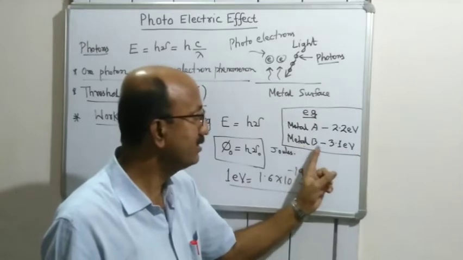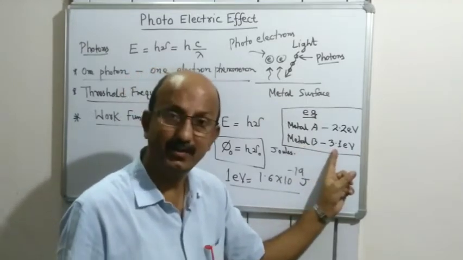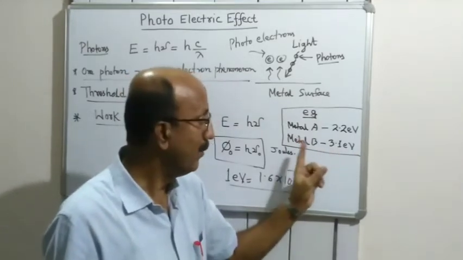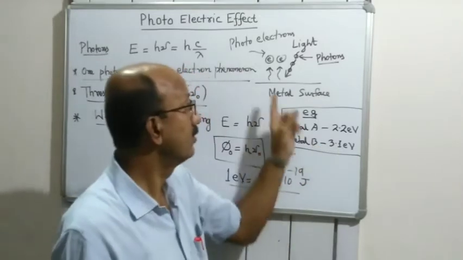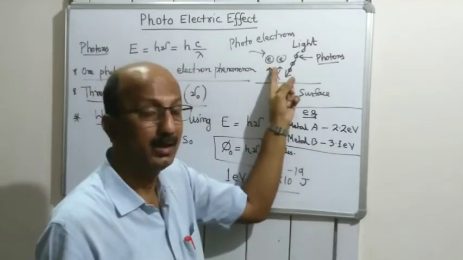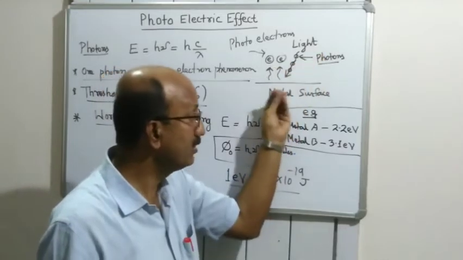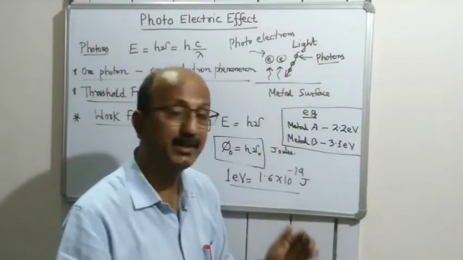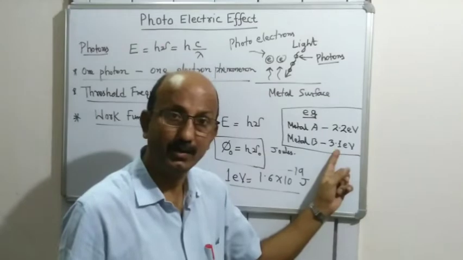Similarly, metal B has a work function of 3.1 eV, which means that metal B is going to emit photoelectrons if the light which is falling on the metal surface has a minimum energy of 3.1 eV.